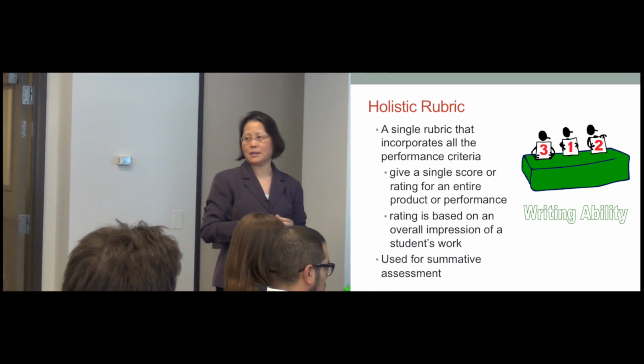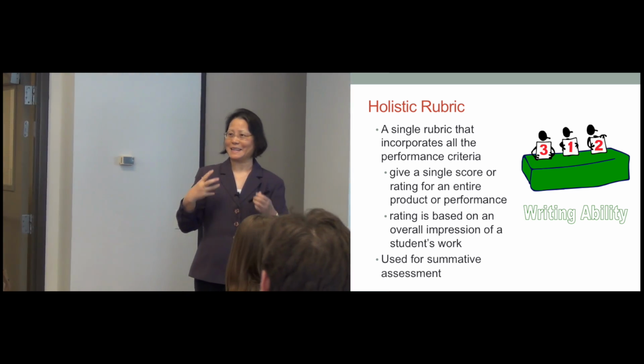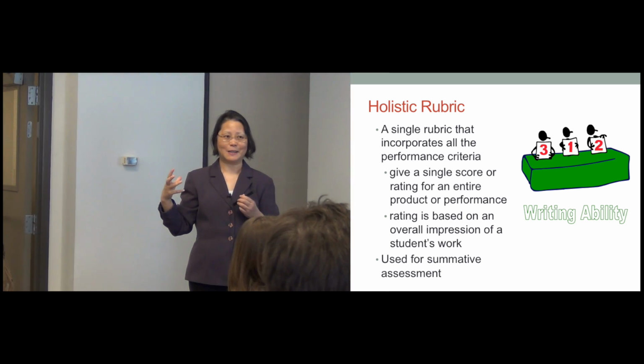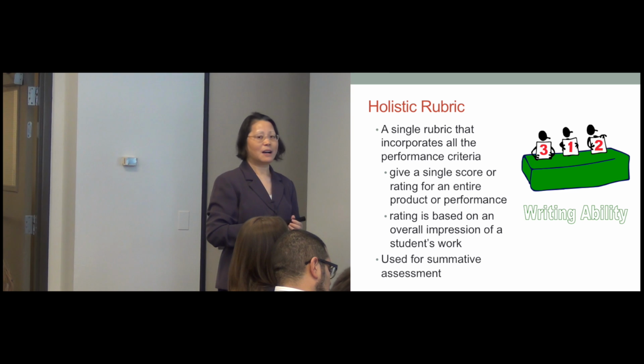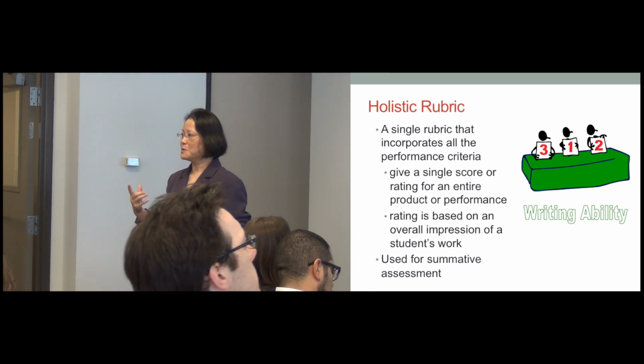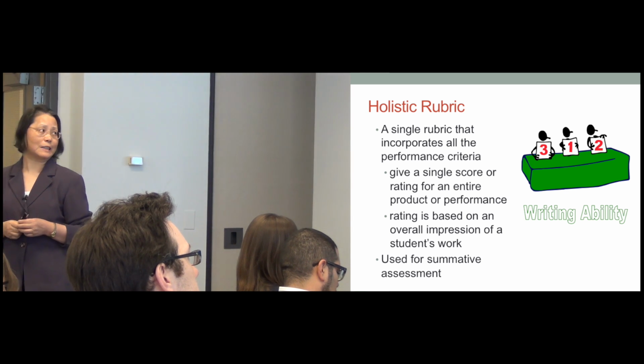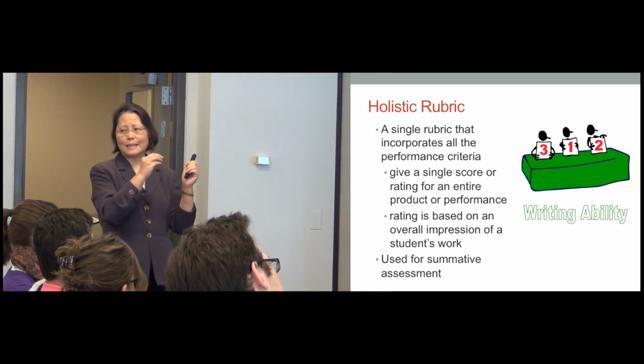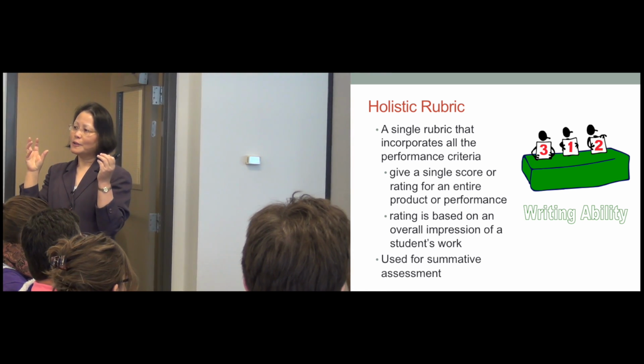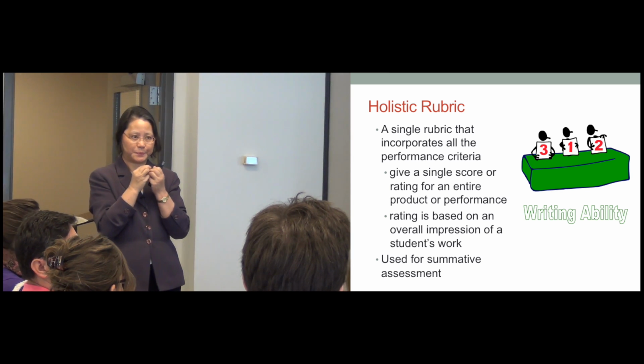Then you also want to think about how they organize ideas. This is organization. Then you want to think about choice of words, whether the words are appropriate or not. But for holistic rubrics, you have all those components combined.